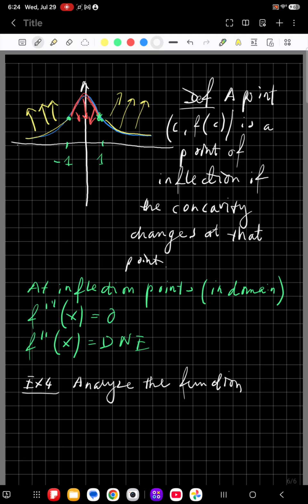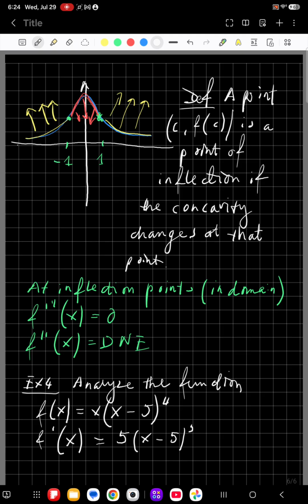So the function looks like this: f of x equals x minus 5 to the fourth. And again, I suggest you calculate those derivatives on your own, just for practice. And this is what I have. The first derivative is 5 times x minus 5 to the third.